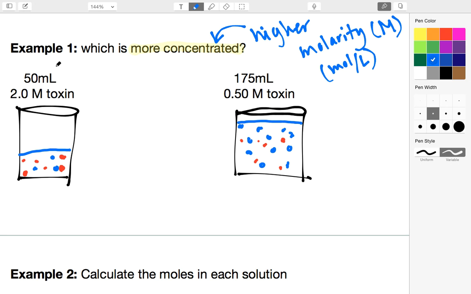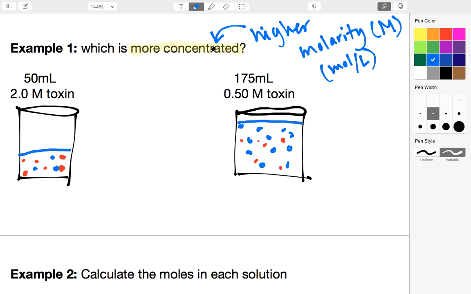So in this example, I have 50 milliliters of a 2 molar toxin. So I have slightly less volume, but my concentration or molarity is higher. In this example, I have 175 milliliters, which is a lot more in volume, so I have a lot more Kool-Aid or toxin, whatever this is, but my concentration is 0.50 molarity.